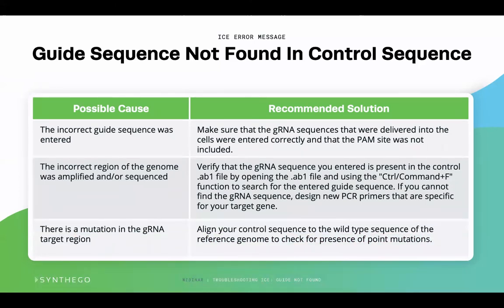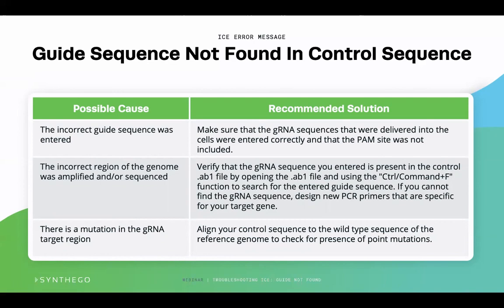The last common possible cause is a mutation in the guide RNA target region. This is caused by natural variations such as single nucleotide variants referred to as SNVs or single nucleotide polymorphisms referred to as SNPs, which are very common.